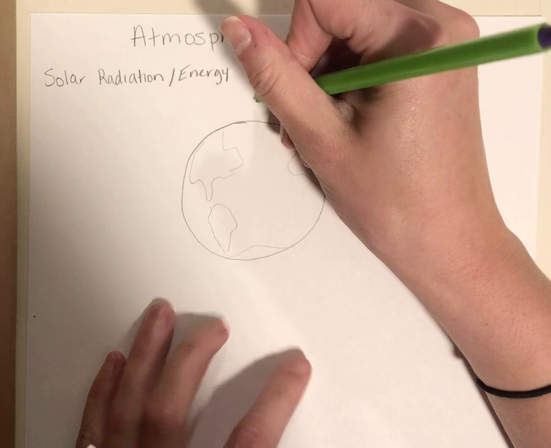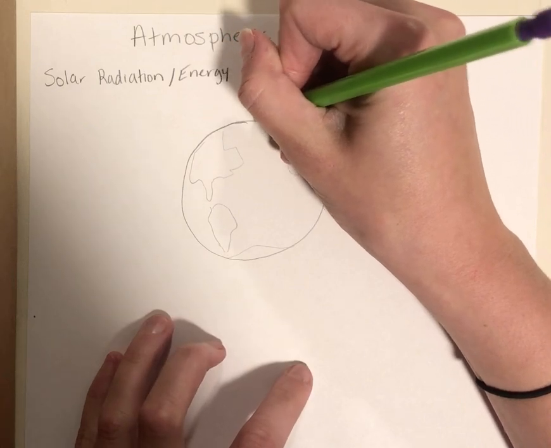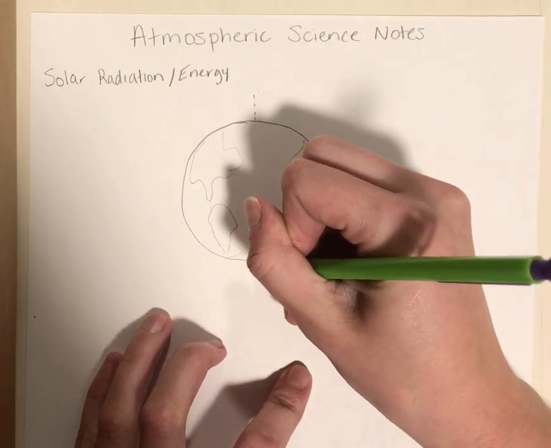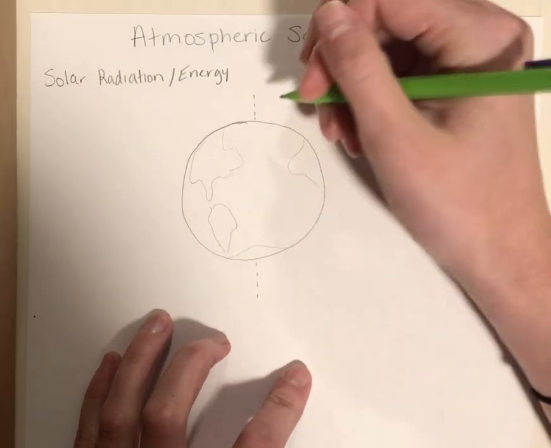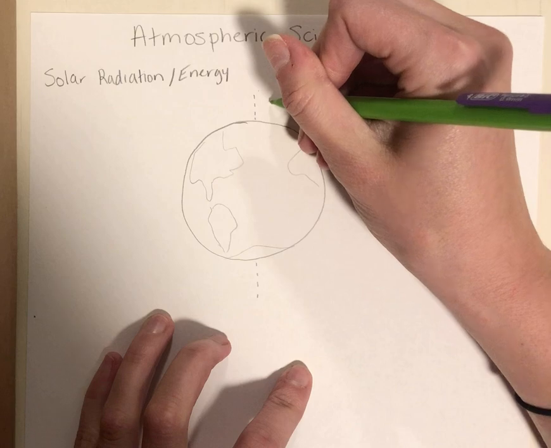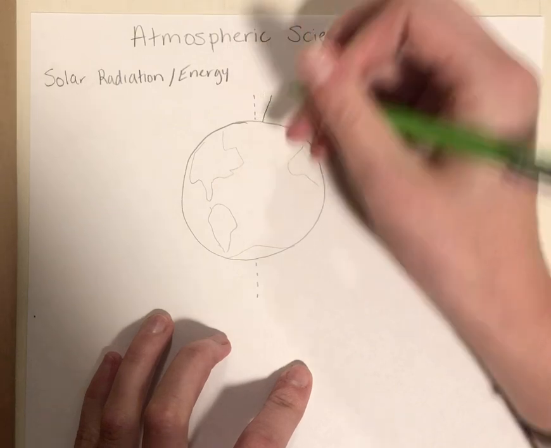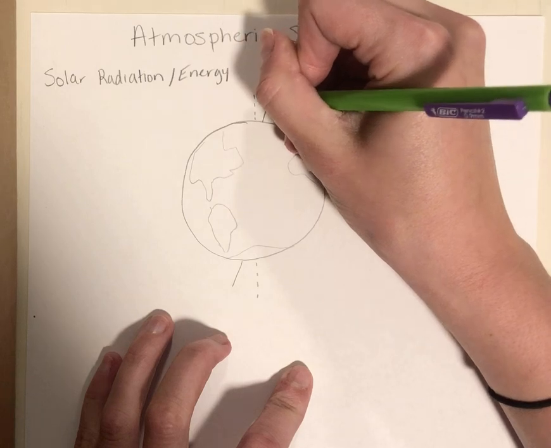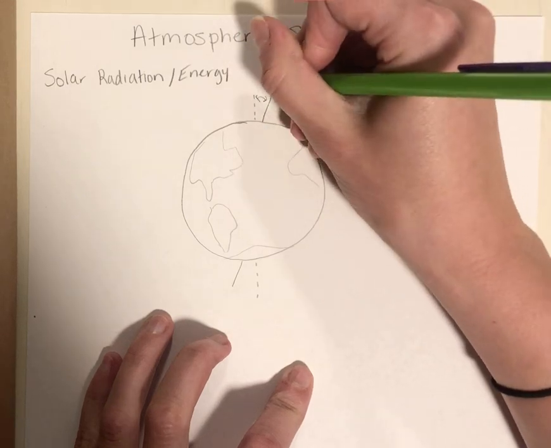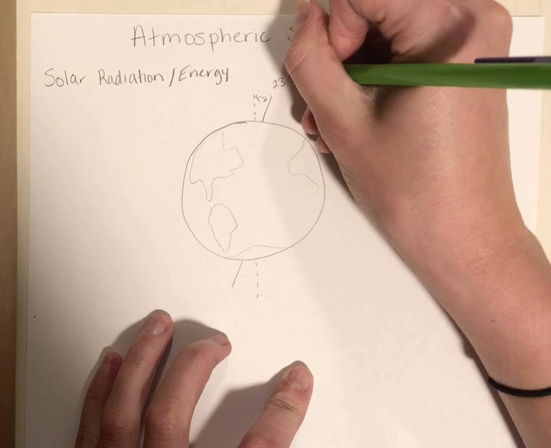Typically, if your Earth is straight up, this is where your line would be. But we know that our Earth is actually tilted, so it sits on a tilted axis, and the tilt from straight up is 23.5 degrees.